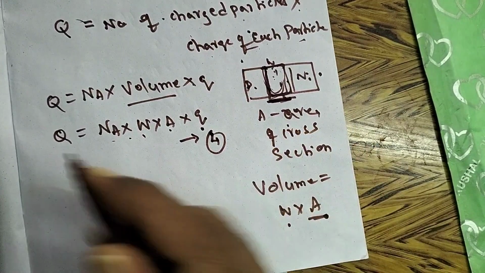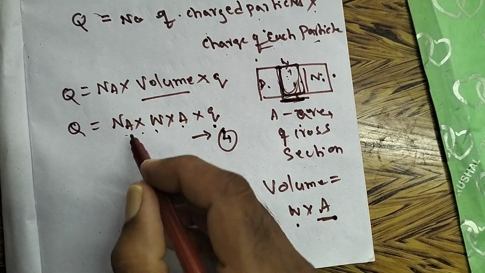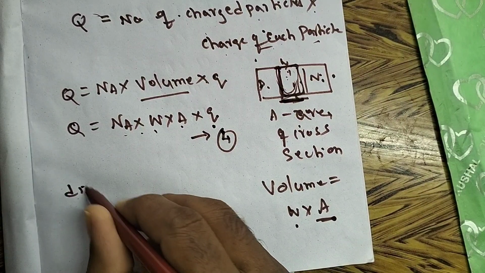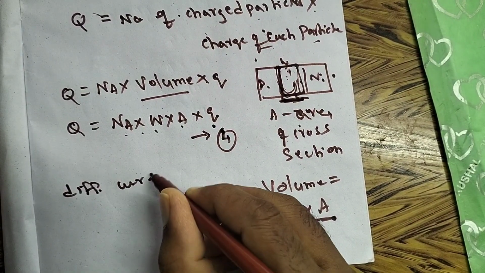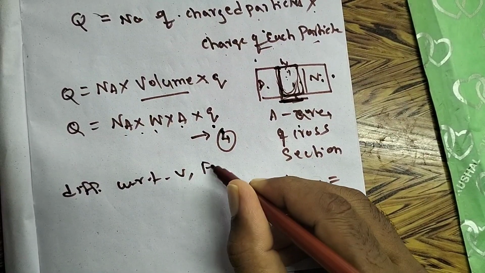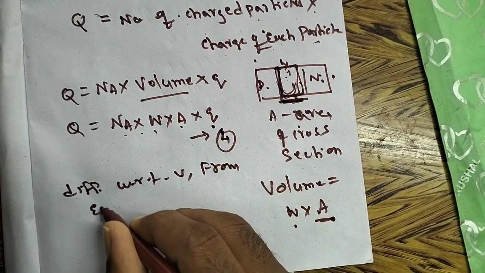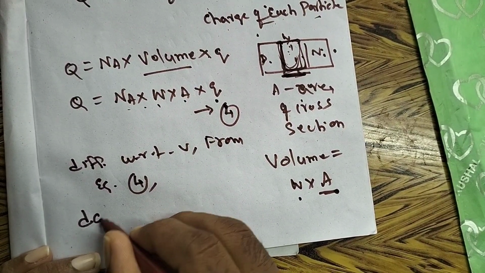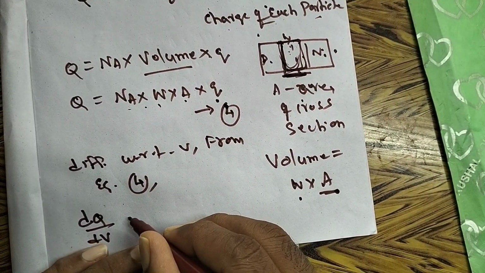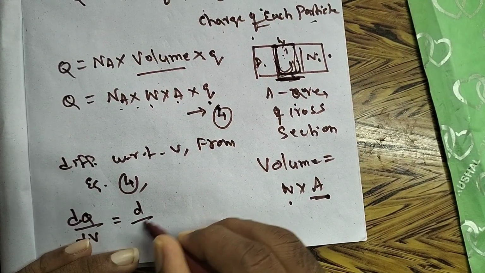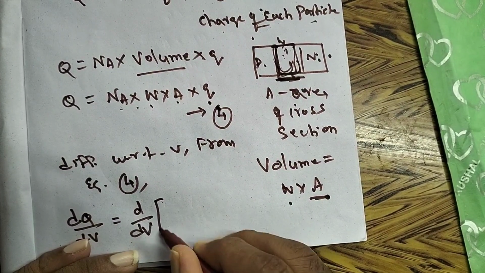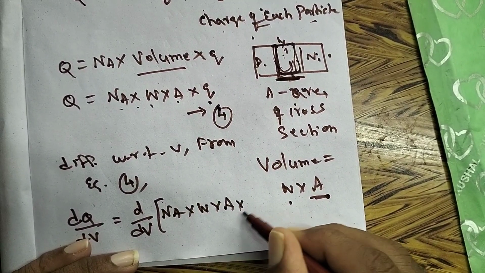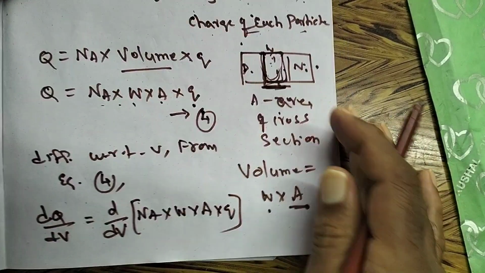Okay, so I am going to differentiate with respect to V from equation 4. What we get? dq by dV equal to d by dV of Na into W into A into Q, right?